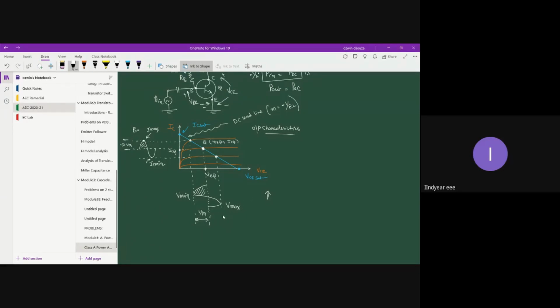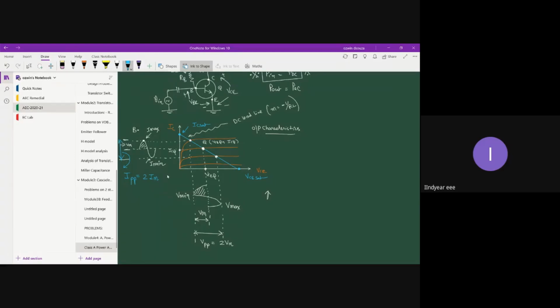On the other hand, if you were to measure the distance between the two peaks, you would call it V peak to peak. And remember one thing, V peak to peak is 2 times the maximum value. Similarly, this particular distance is going to be I peak to peak, which is equal to 2 times IM.